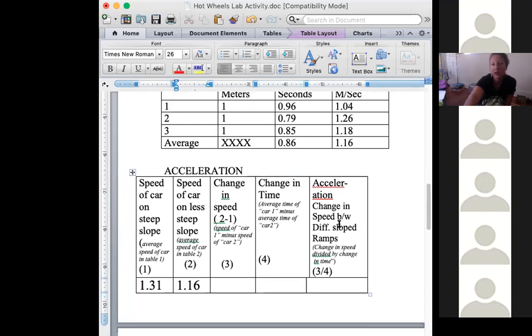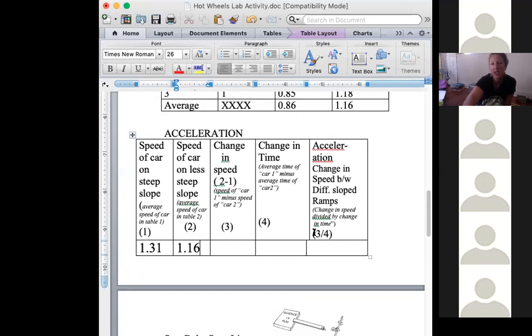And then you're going to calculate your acceleration. Remember, acceleration is your change in speed between the two different sloped ramps, which is what we were investigating today. So you're going to take your number 3 divided by your number 4.